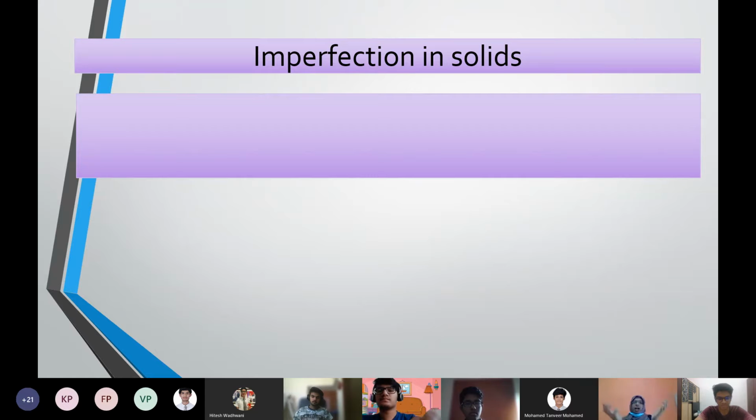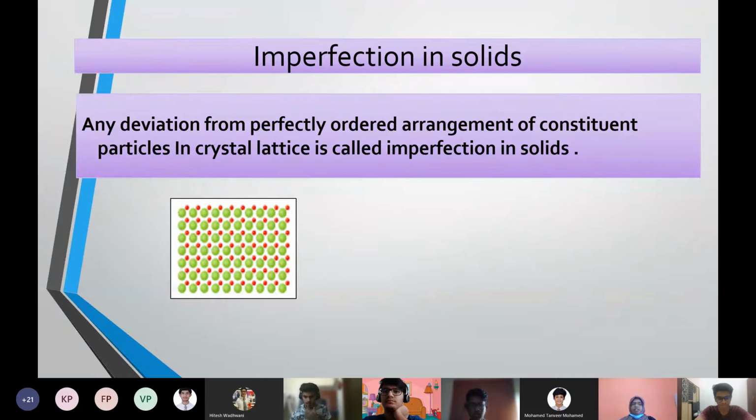So we discussed arrangement and the geometry. Now the last part of this chapter is imperfections in solid. Imperfection means any deviation from the perfect geometry. So you can write the heading imperfections in solid.